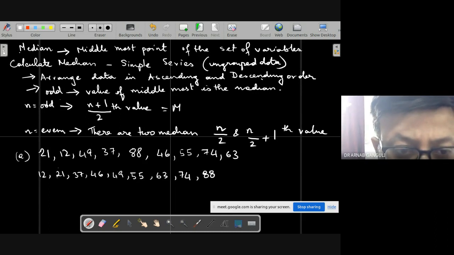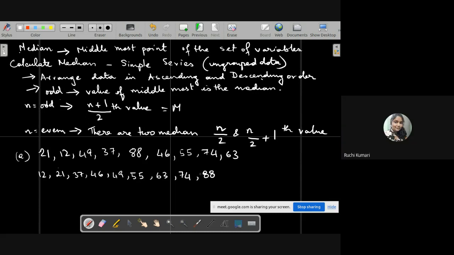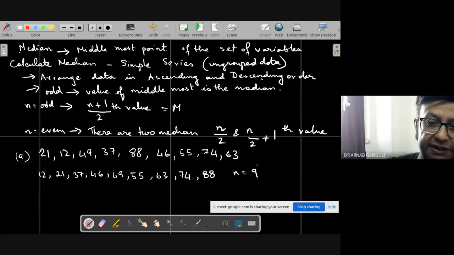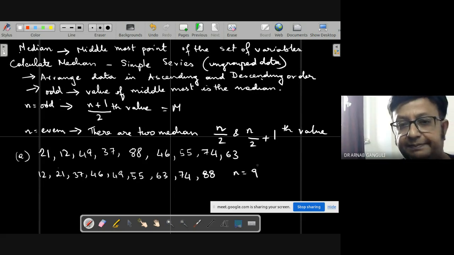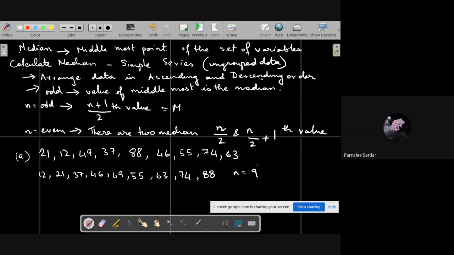How many is that? 1, 2, 3, 4, 5, 6, 7, 8, 9. So n is equal to 9. The number of observations is 9. Clear so far?